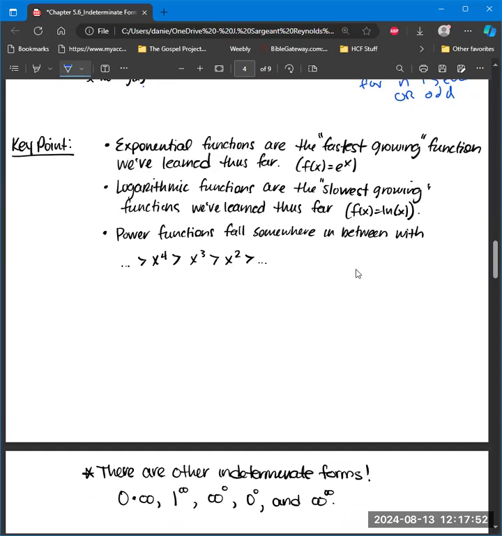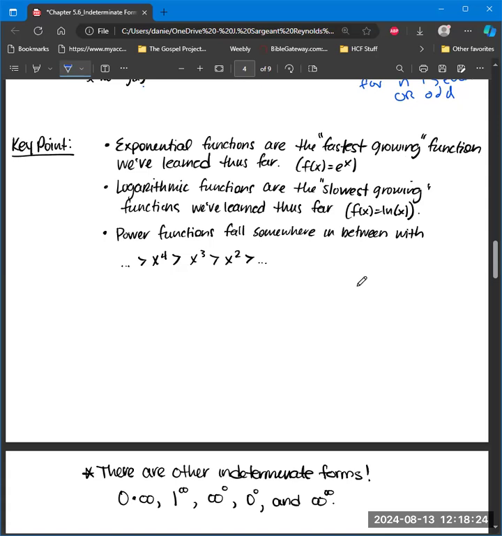E to the x, about the only thing that's going to surpass that later on is something like x to the x, where the base is growing as well as the exponent. More on that later. Factorials will also grow pretty fast. Ln functions are the slowest growing functions that we've learned thus far.